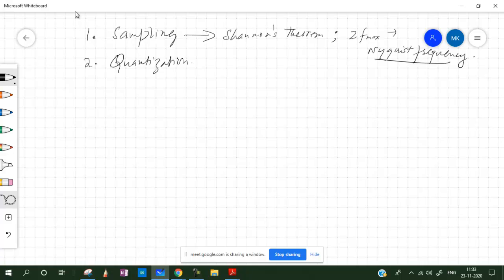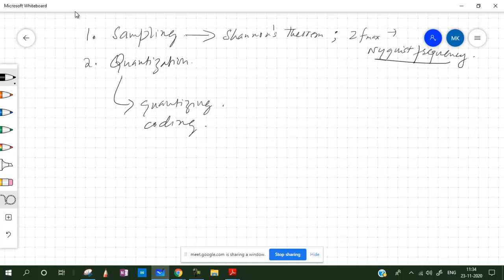The quantization talks about the levels. Converting an analog signal to a digital one would require discrete output states that are actually understood by the computer. So quantization would require something called quantizing and coding.